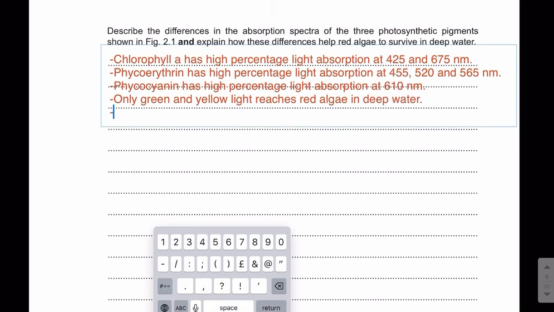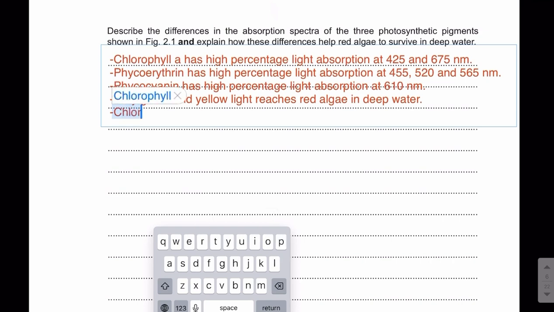Then we can write that chlorophyll A has little or no percentage light absorption of green and yellow light.